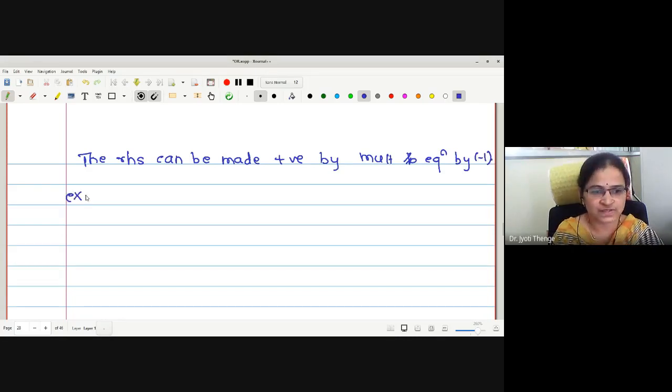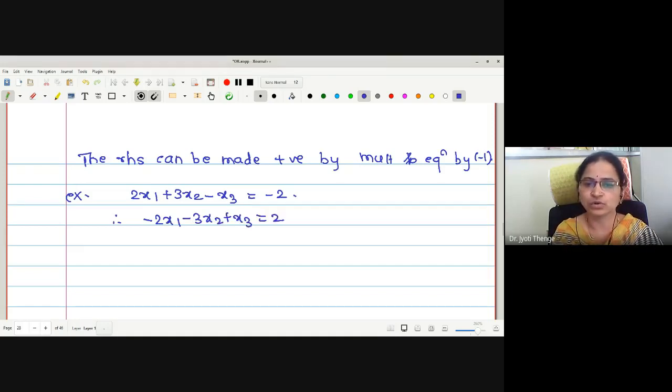That is, for example, suppose I have a constraint equation 2x1 plus 3x2 minus x3 is equal to -2. What to do? We will multiply the equation throughout by negative so that this right hand side constant will be positive. So what is my constraint under consideration? -2x1 minus 3x2 plus x3 is equal to 2. This is the way we should convert the constraint right hand side constants to non-negative.